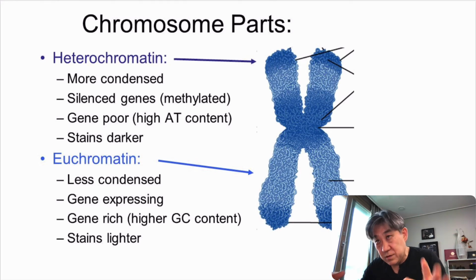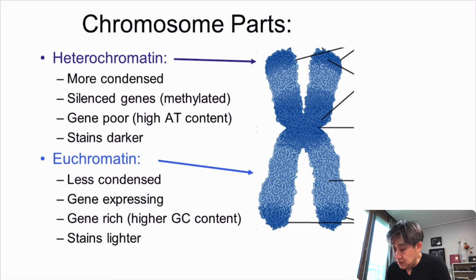So probably you can summarize in graphics. Heterochromatin is more condensed, and also silences genes, methyl. What is this? I will get to that a little bit in a minute.